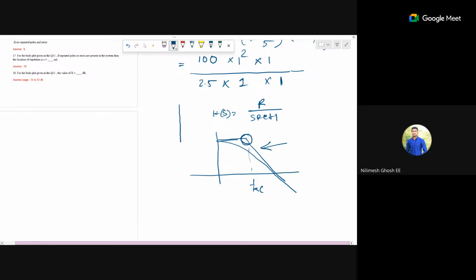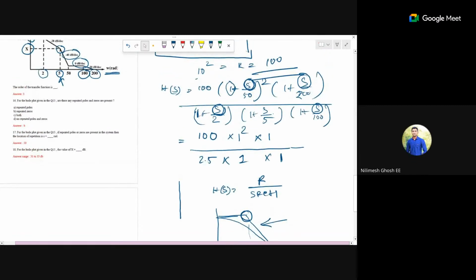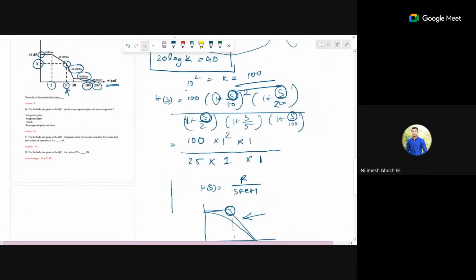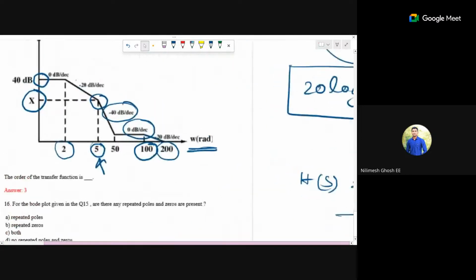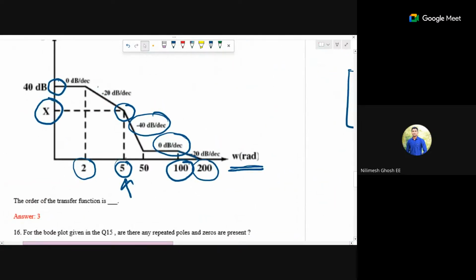So this is the approximated analysis. In a practical circuit, as in low pass and high pass filters, the exact plot will look like this.